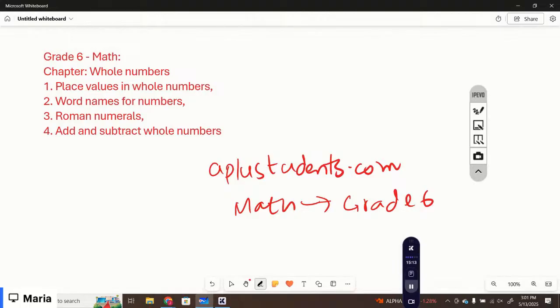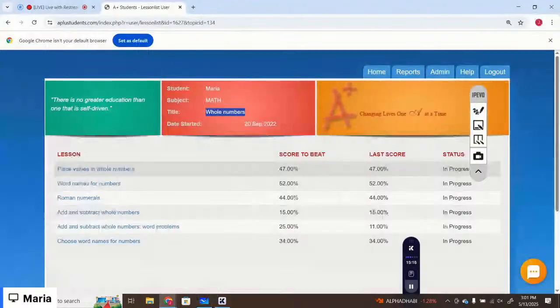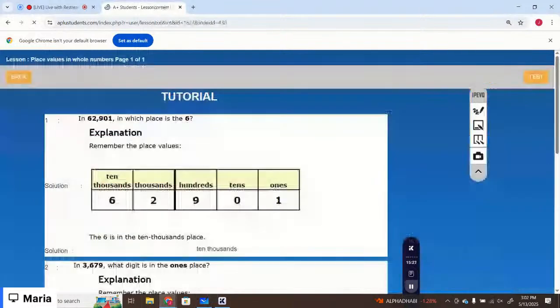So here I'm on grade 6 math. The chapter we are on right now is the first lesson, that is place values in whole numbers. Let's just start with the list. 2,901.